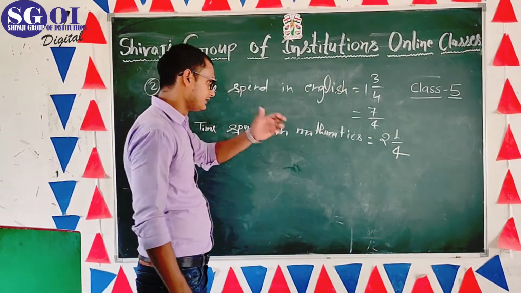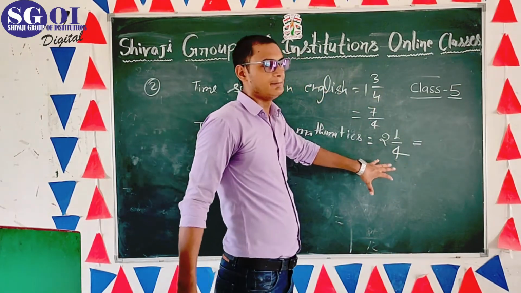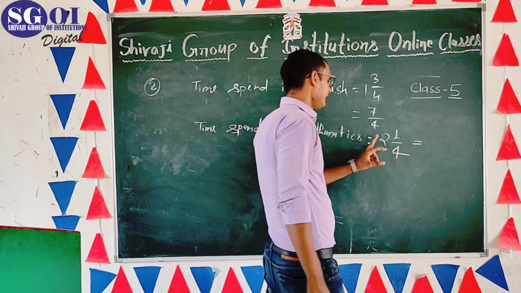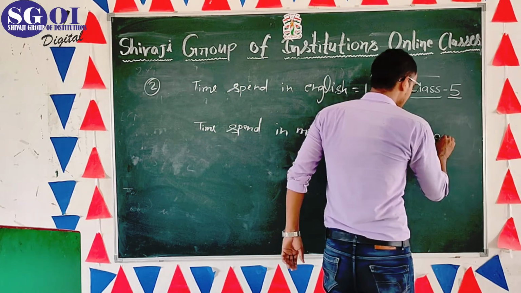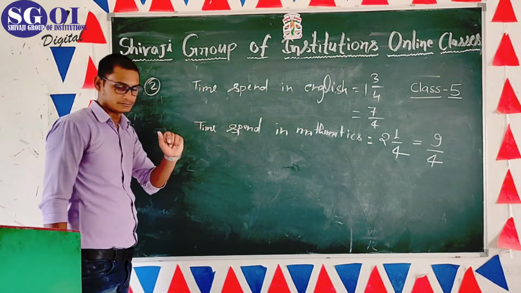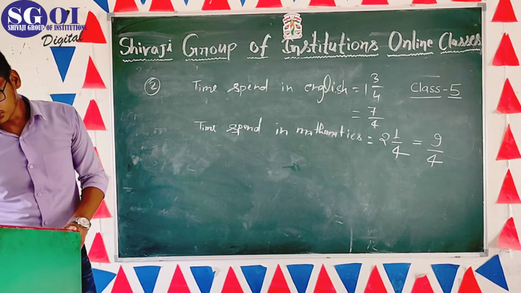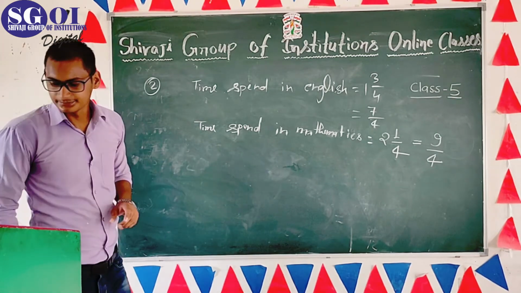So this is a mixed fraction and we change this mixed fraction into improper fraction. 4 twos are 8. 8 plus 1, 9/4. And we have to find how much time did she spend on both the subjects.